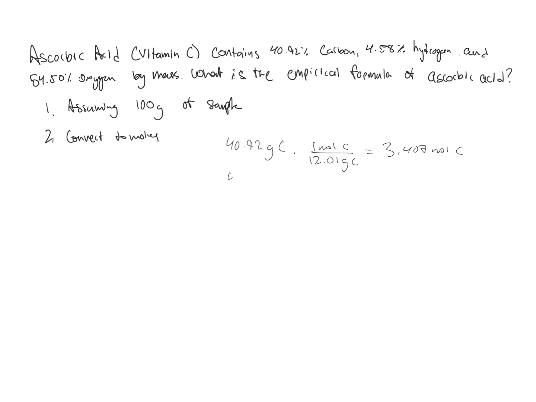Same thing for hydrogen, 4.58 grams of hydrogen divided by the molar mass, 1.008 grams of hydrogen per 1 mole hydrogen. Similar to the carbon, right? Grams cancel out. We end up with 4.54 moles of hydrogen.